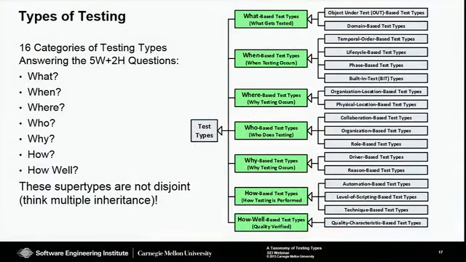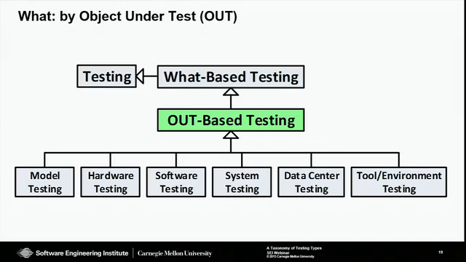And then for each one of these 7, you'll notice there are one or more subtypes of testing here on the right. And I'm going to be spending 90% of the rest of our webinar today going through those one at a time. So moving on, let's take a look at the what is being tested.